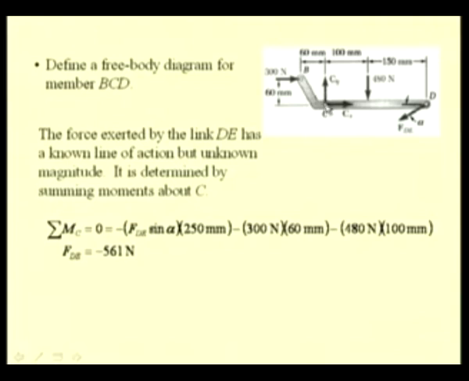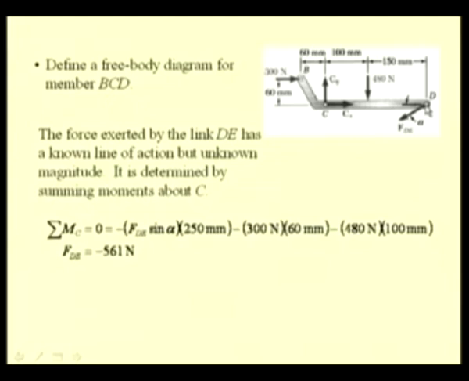So, let us take the moments about C. The force FDE, if taken in its two components, that is FDE cos theta along this member CD and FDE sin alpha perpendicular to this member CD.